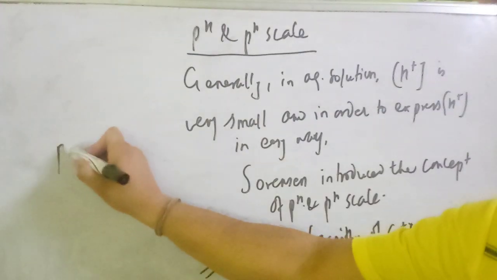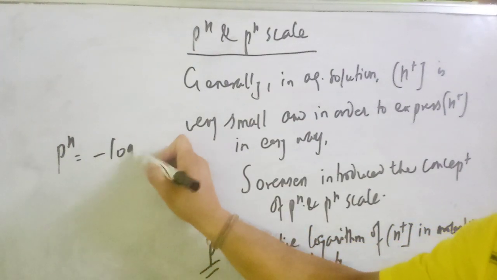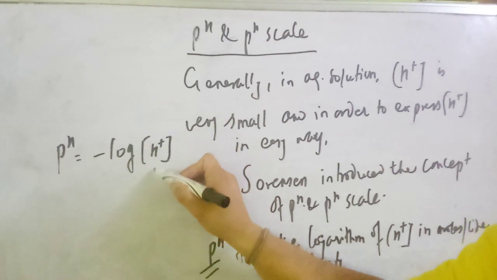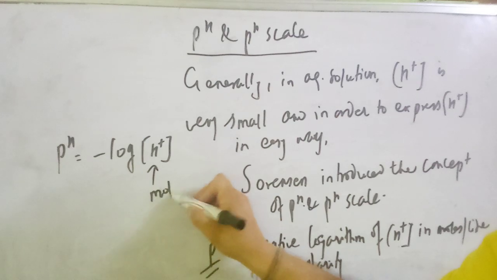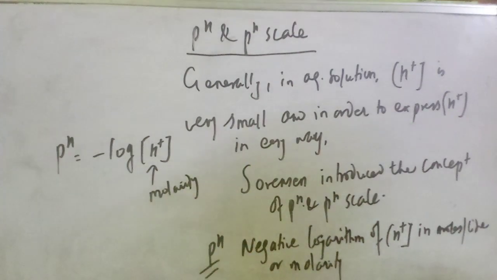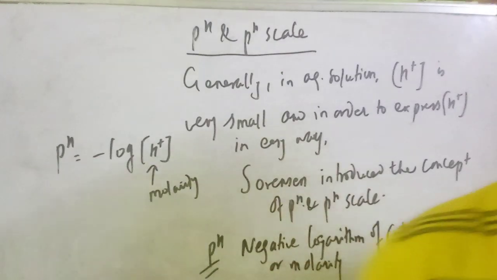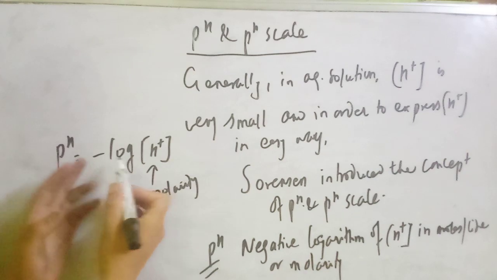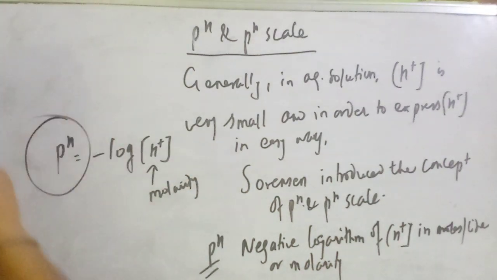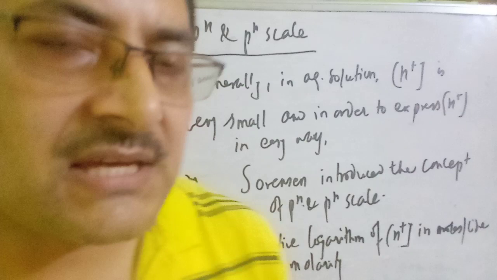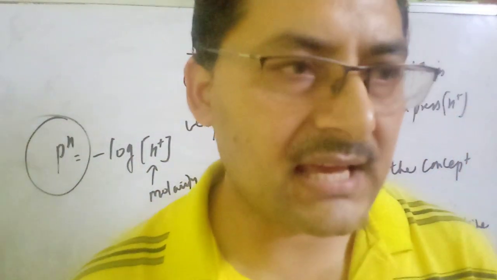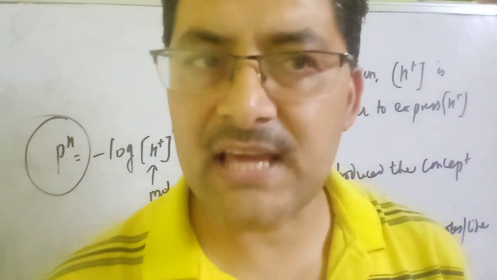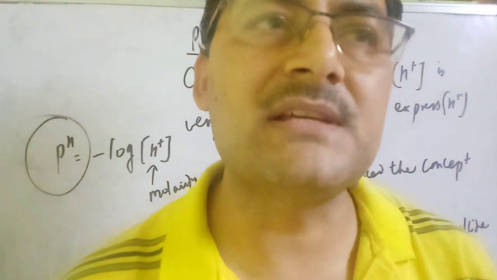So you can write pH equals minus log of the H+ ion concentration, but that H+ ion concentration must be in molarity. So when you express the hydrogen ion concentration in moles per liter, then you find the minus log of the H+ ion concentration, and that gives you pH. pH is a quantity that expresses the hydrogen ion concentration, by the negative logarithm of the hydrogen ion concentration, and the concentration must be in moles per liter.